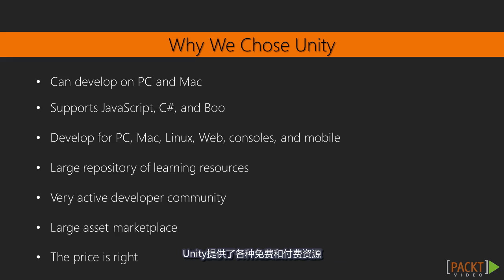Unity offers a variety of free and for-pay assets, such as playable characters, animations, and 3D objects that you can use in your Unity games. Furthermore, there's a large community of content creators that offer their assets in the Unity Asset Marketplace. Lastly, the price is right. There are several pricing models, including a free one. That is difficult to beat.